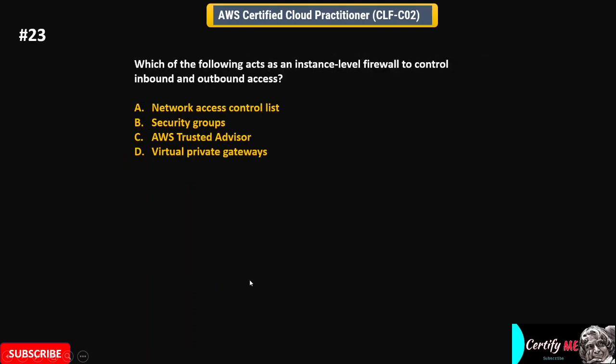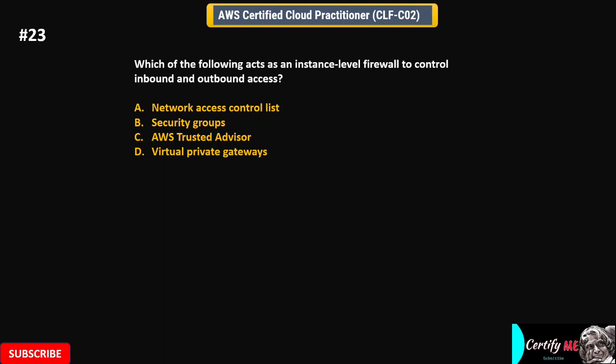Next question: which of the following acts as an instance level firewall to control inbound and outbound access? Option A, network access control list; option B, security groups; option C, AWS trusted advisor; option D, virtual private gateways.